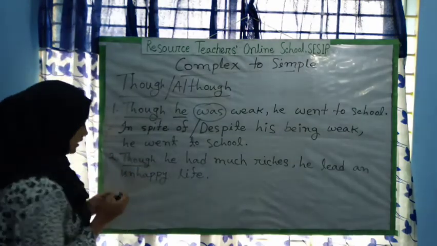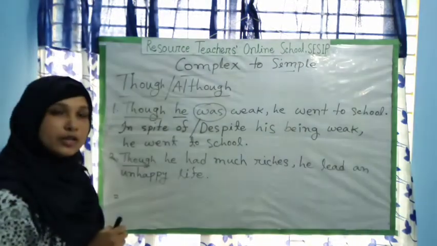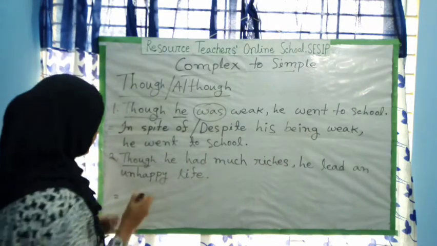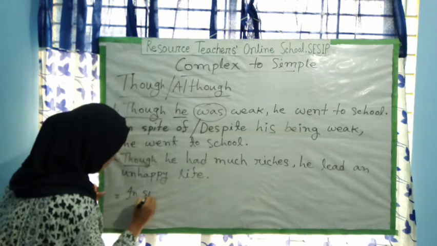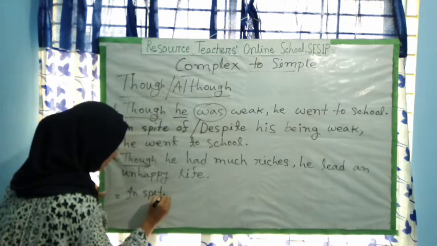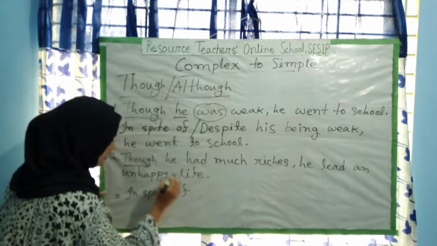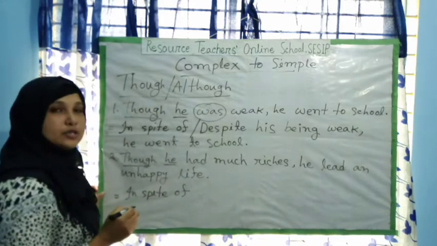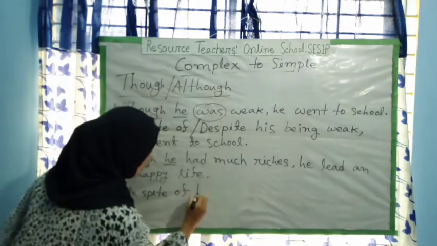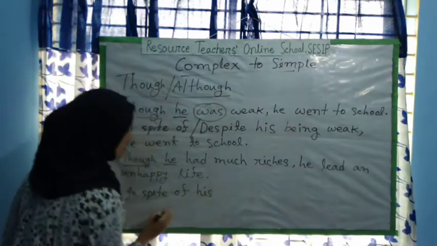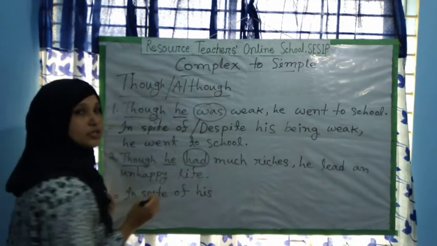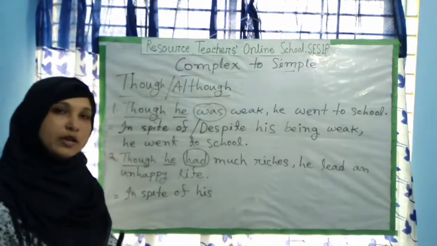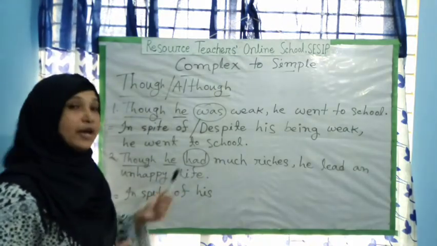Though, instead of though, what can I write, student? Yes, in spite of. Then we have to write the possessive form of subject, his. Notice, my students, there is no am, is or was, there is had.